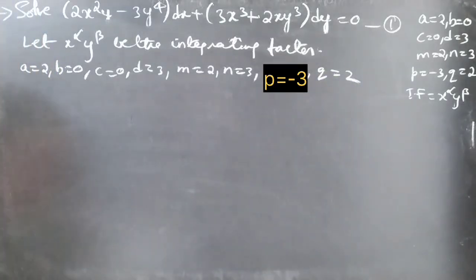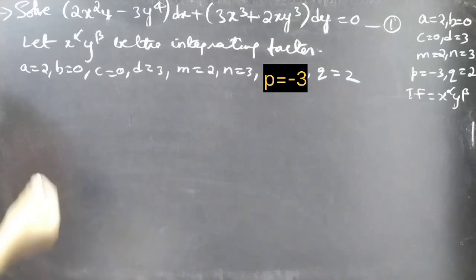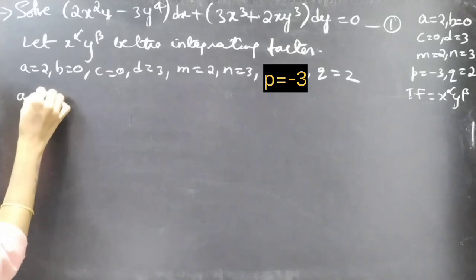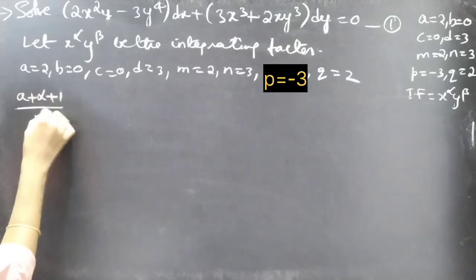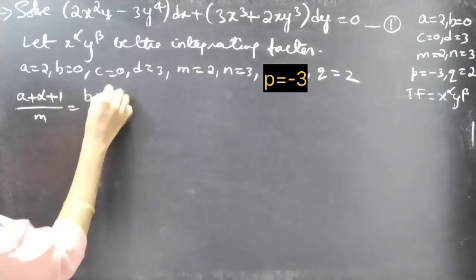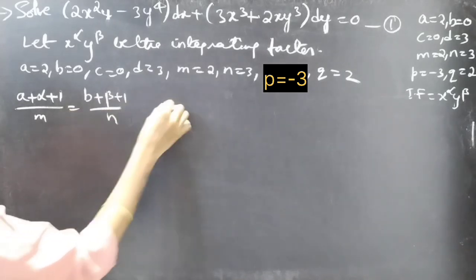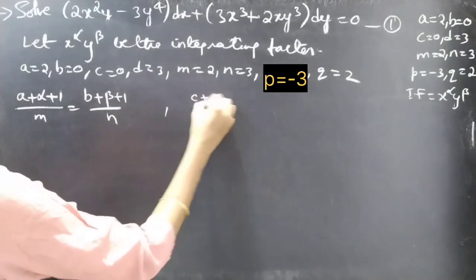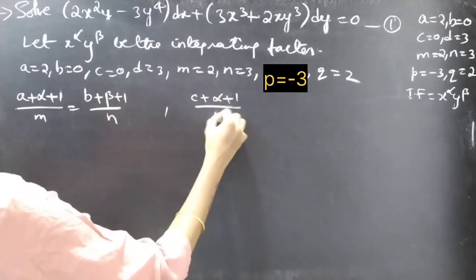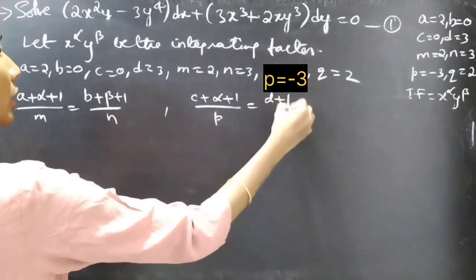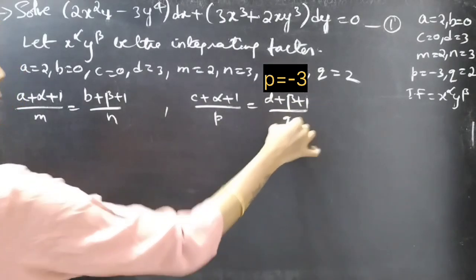Use a formula to find two equations: a plus alpha plus 1 by m equal to b plus beta plus 1 by n, and the other one, c plus alpha plus 1 by p equal to d plus beta plus 1 by q.